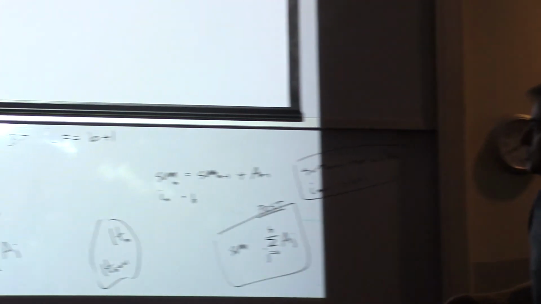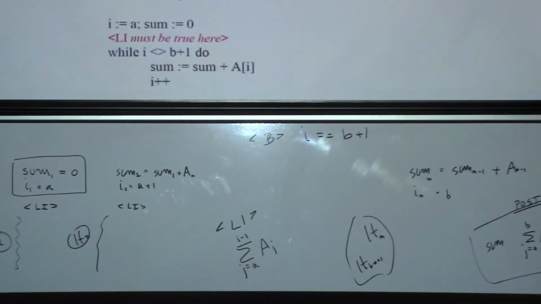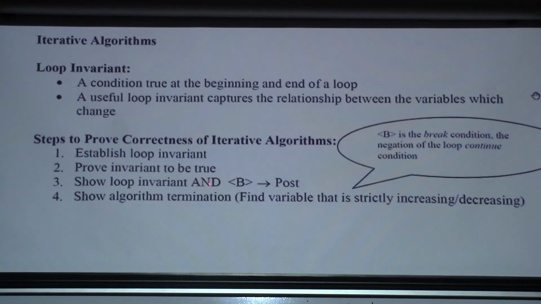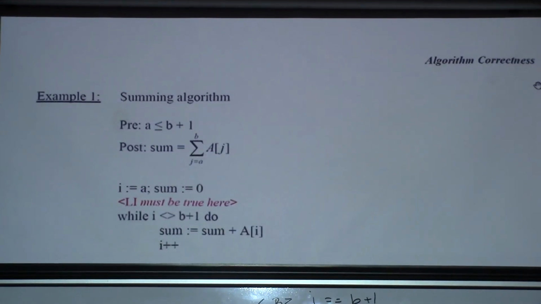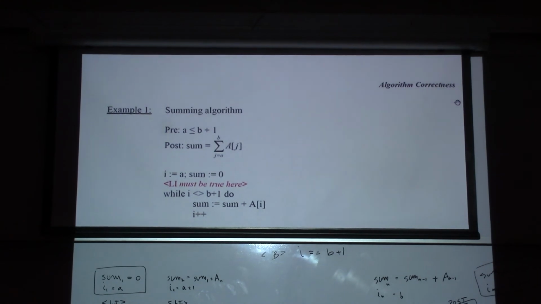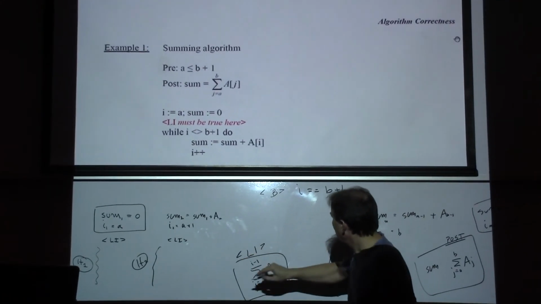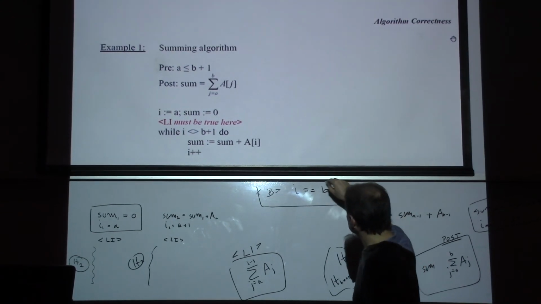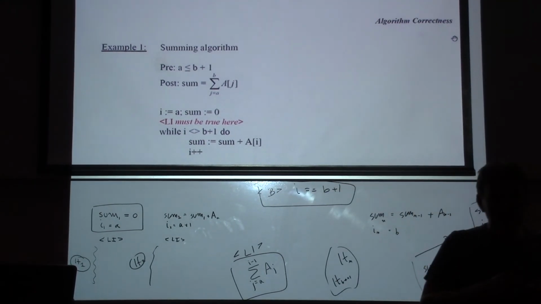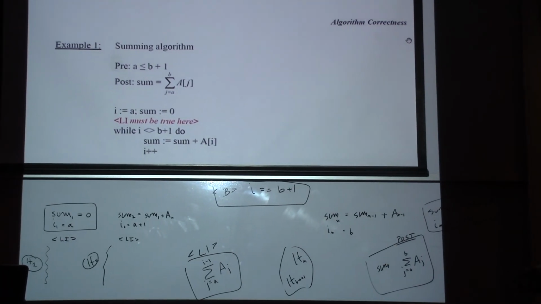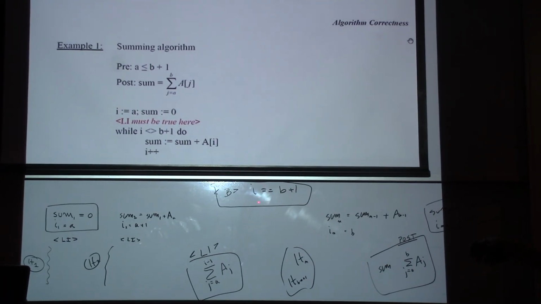So what we need to show, and I want to show real quick here, is that the loop invariant and the break condition imply the post condition. So let's see what that means. This is the loop invariant, right? And this is the break condition. If the break condition is true, the value of I is B plus 1.